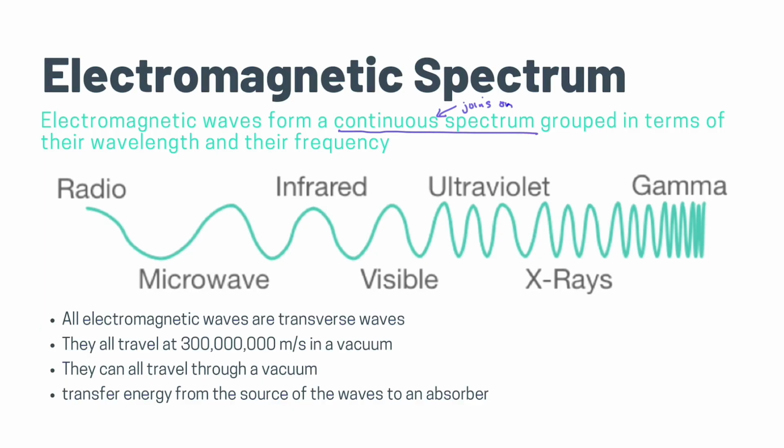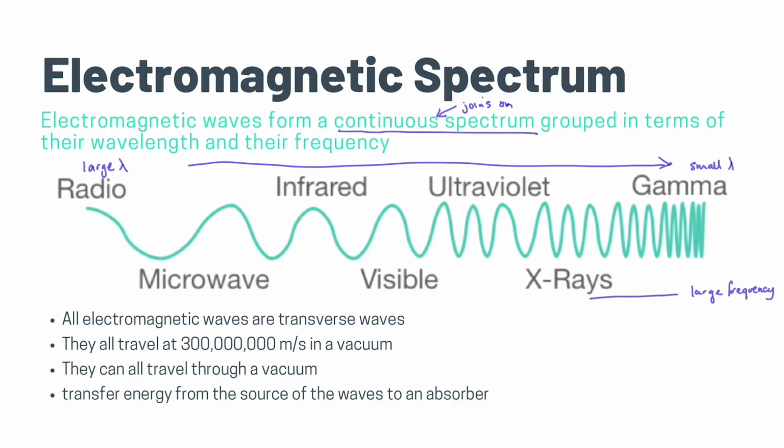So if we start with radio waves, they have a very large wavelength, as shown here in the diagram. And it goes all the way up to gamma waves, which have a very small wavelength. Conversely, gamma rays have a very large frequency, so there are lots of these waves per second, and we go all the way down to radio waves, which have a very small frequency.